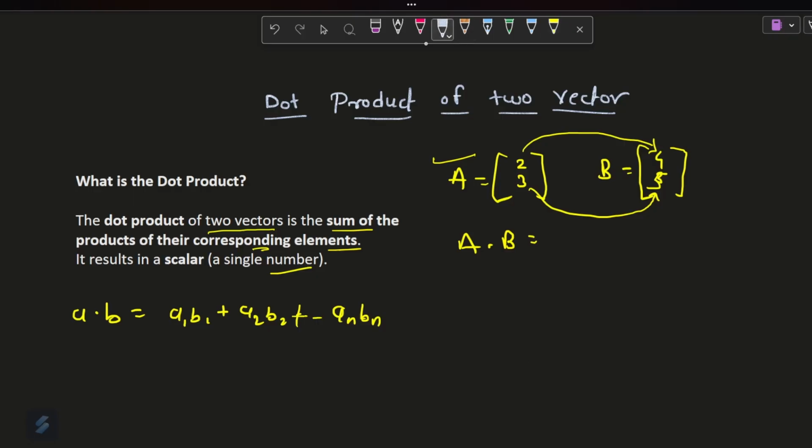What we'll do is simply multiply 2 by 4 plus 3 by 5. We get 8 plus 15, which is nothing but 23.